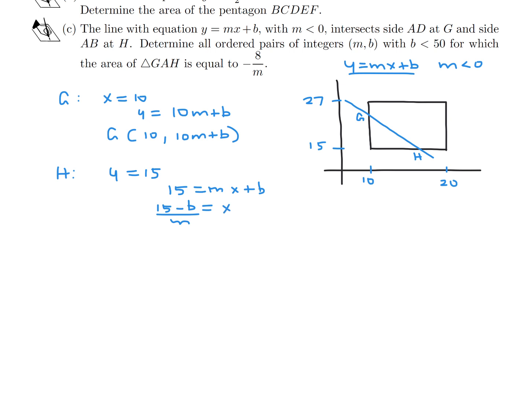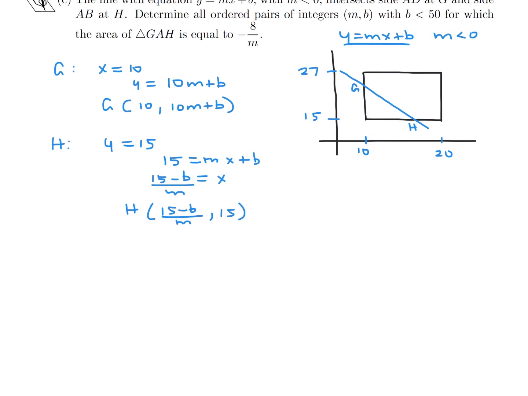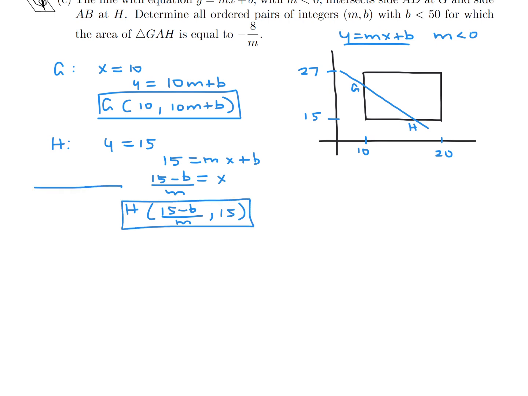So the coordinates of H would be 15 minus b over m, and then 15, right? Let me just see if I did that correctly. 10m plus b, 15 minus b over m, and 15. Okay, I think that's fine so far. So let's move forward. Let me just put a little box so we know.